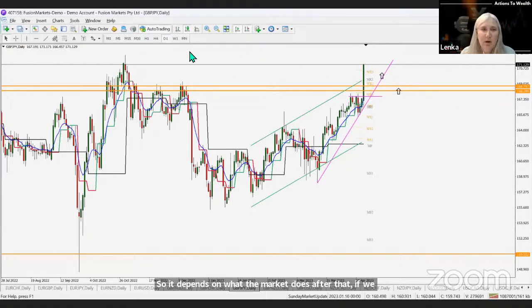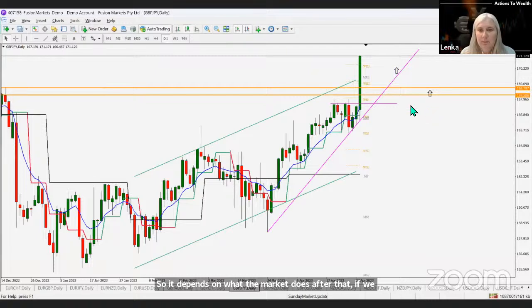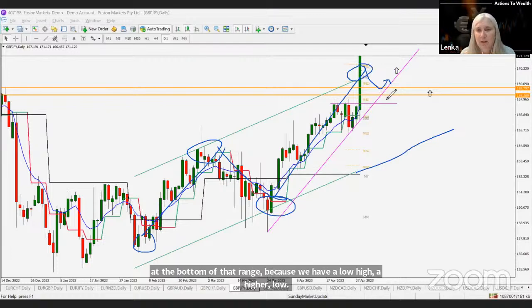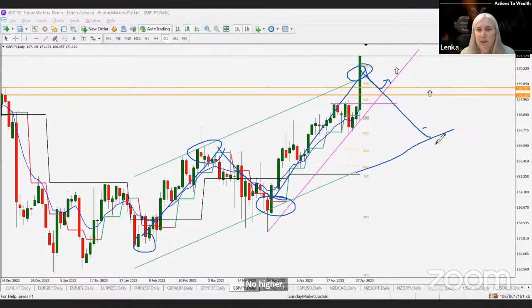If we see the price just retrace a little bit back to, for example, that level there, then we could still go long because it's still in an uptrend. Even at the bottom of that range, because we have a low, a high, a higher low, now a higher high. So anything up to there is still a reasonable long price action.